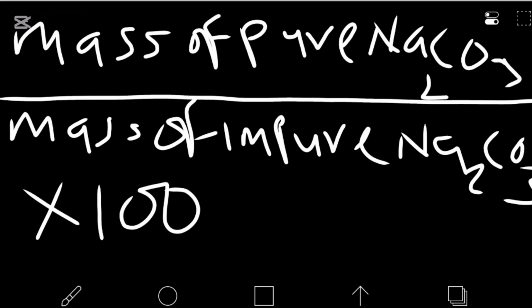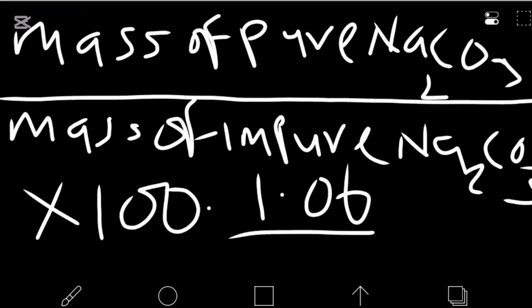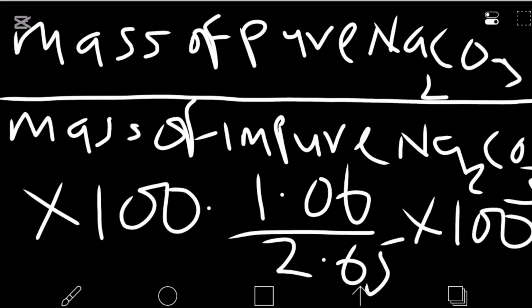So the calculated mass of pure sodium carbonate is 1.06 divided by 2.6 times 100.